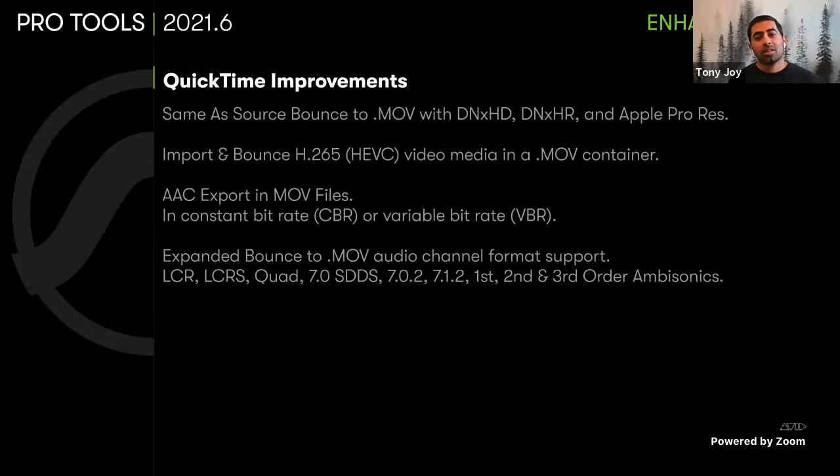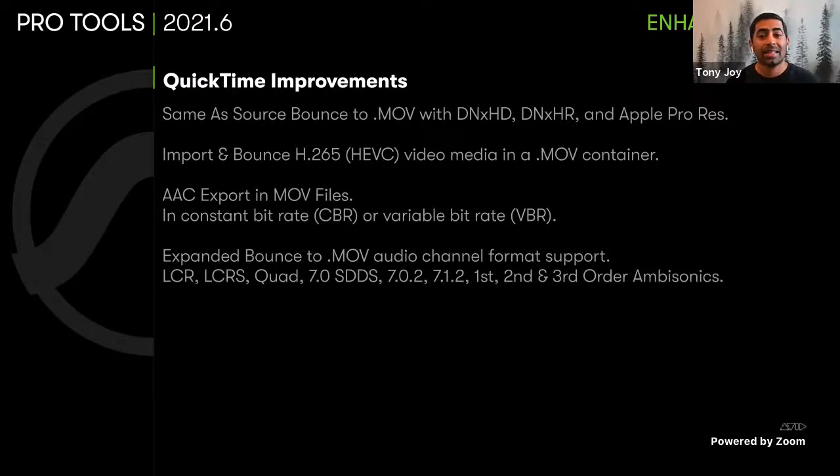In addition to all this stuff, we also added QuickTime improvements to this release, which is 21.6. Now you can do same source bounce to MOV with DNxHD, DNxHR, and Apple ProRes. You can also import and bounce H265 videos into a Pro Tools session. So if you have a video that was shot on iPhone, you don't have to use a third-party software to convert it anymore.